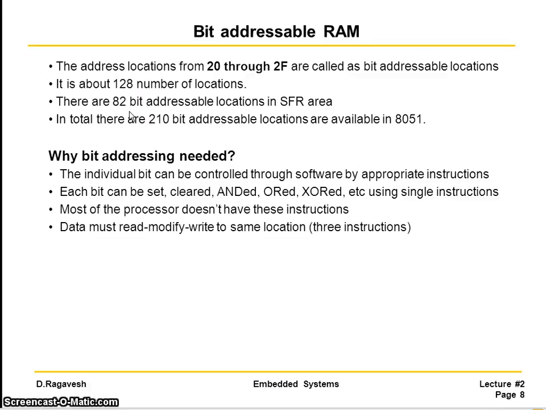So this is also called a bit addressable location. In total we have 210 bit addressable locations with the 8051. As I mentioned, it is generally used for software development and it can be set or cleared. Of course, we can do a lot of logical operations also, like AND or XOR, using these bit addressable locations.